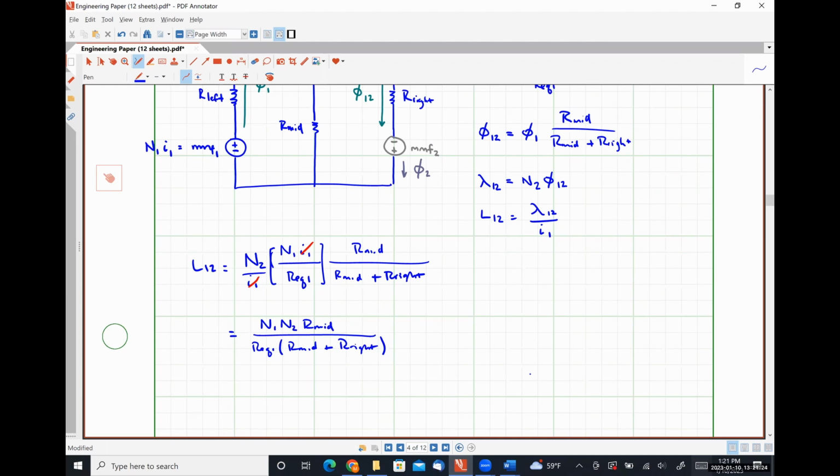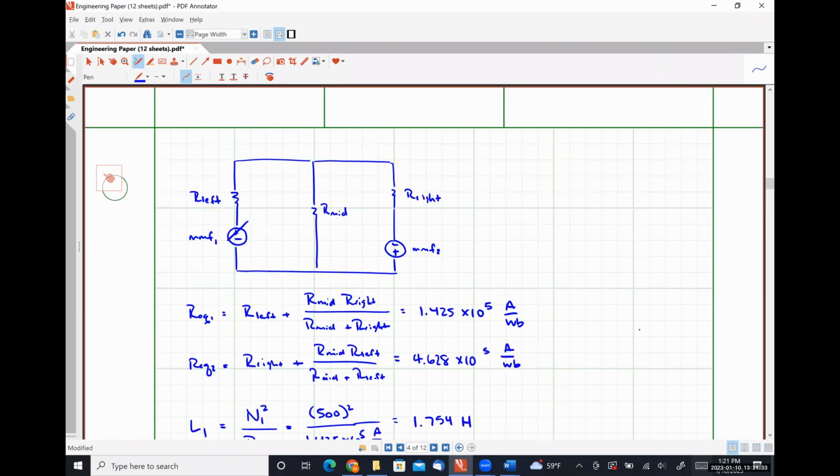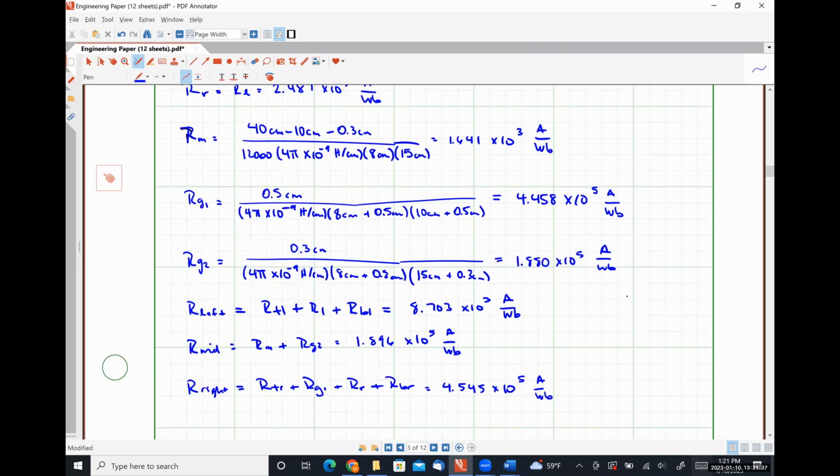So N1 is 500, N2 is 300. R mid is 1.896 times 10 to the 5.